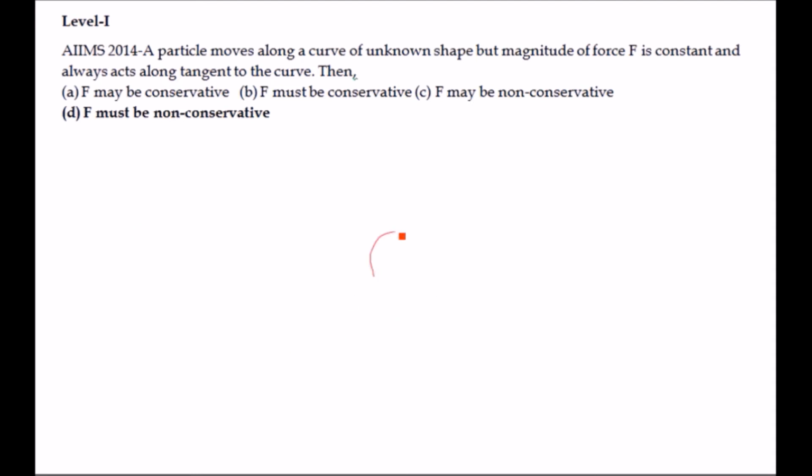So basically if the object moves through any shape and the force is constant but it is directed along the tangent to the curve, the direction of force will not be constant. The direction of force changes as per the direction of the curve.